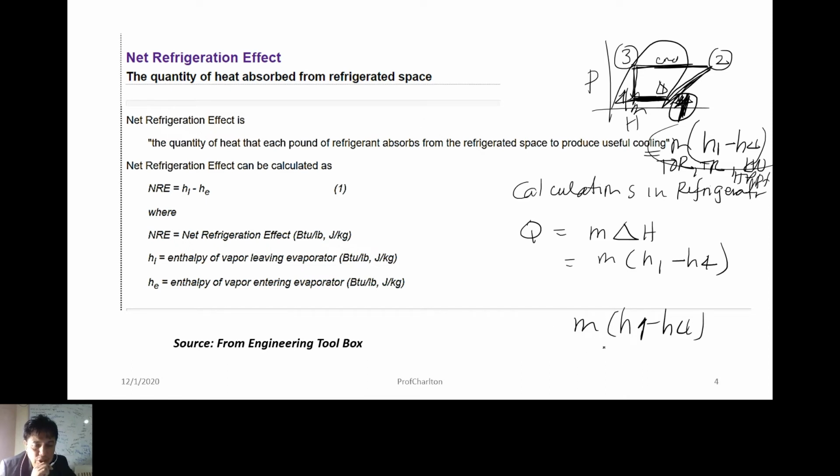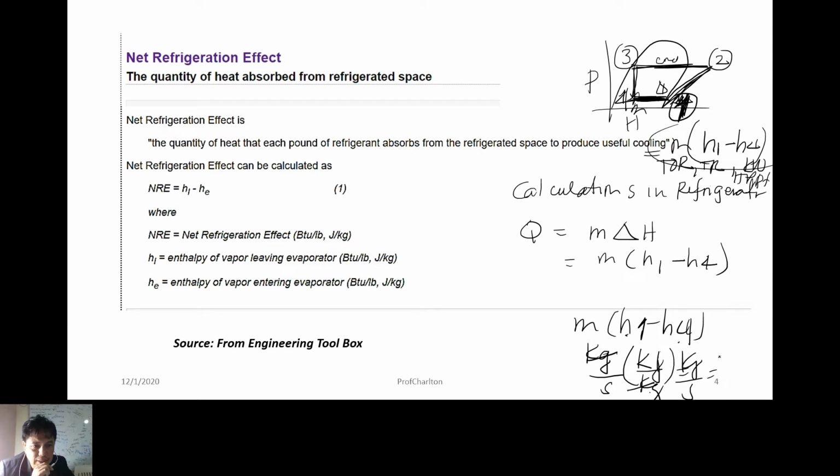Tingnan natin. So, normally, mass is given in kilogram per second. And H and H would result in the same unit, kilojoule per kilogram. So, canceled out, kilojoule per second.